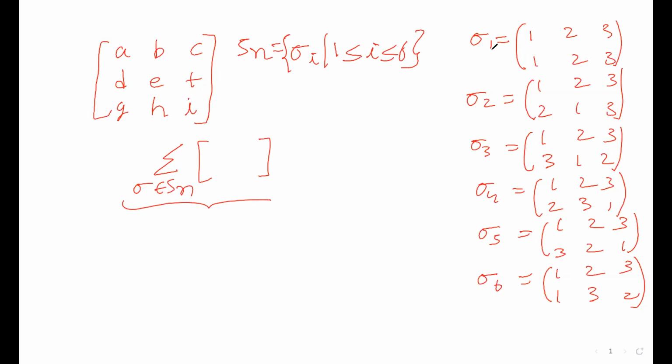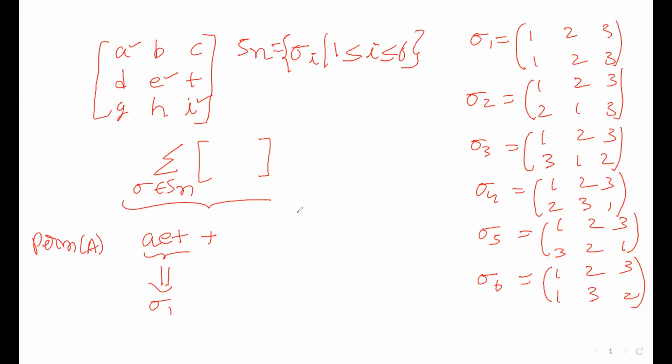In column 1, we pick the first element. In column 2, we pick the second element. In column 3, we pick the third element. And we take the product of these three: AEI. This is the product contributed by the permutation sigma 1 to the permanent of the matrix A.